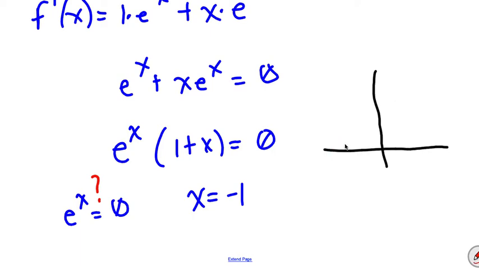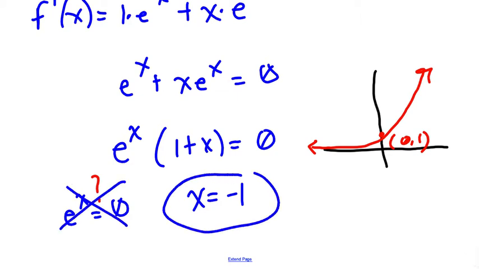The graph of e to the x has the point 0, 1, follows along the x-axis on the negative side, goes through the point, and then up. I don't know if that's a graph you've seen before from pre-calc or not, but that's what the e to the x function looks like. Although this over here gets very, very close to 0, it will never be equal to 0. So this will not get us a 0, therefore my only answer is negative 1.